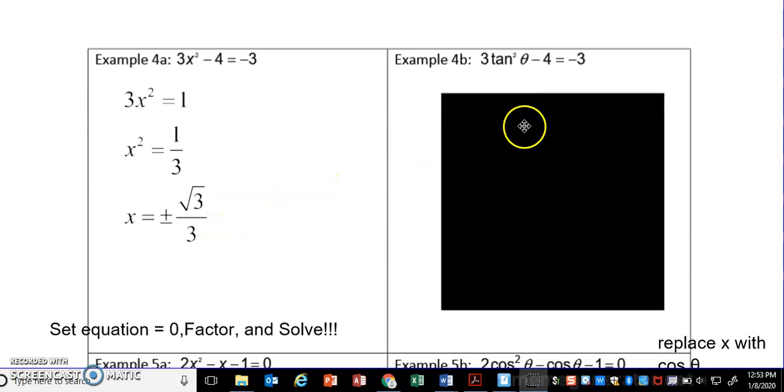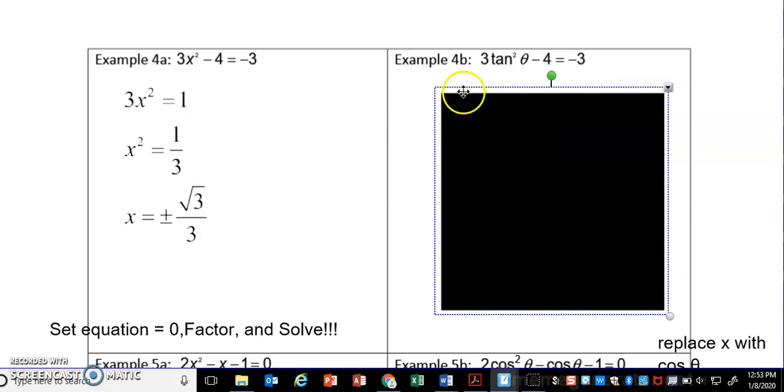So again, replacing x with the tangent of theta, which makes tangent squared. We're going to look at what angles gives us a ratio of the square root of 3 over 3 in radians between 0 and 2 pi.